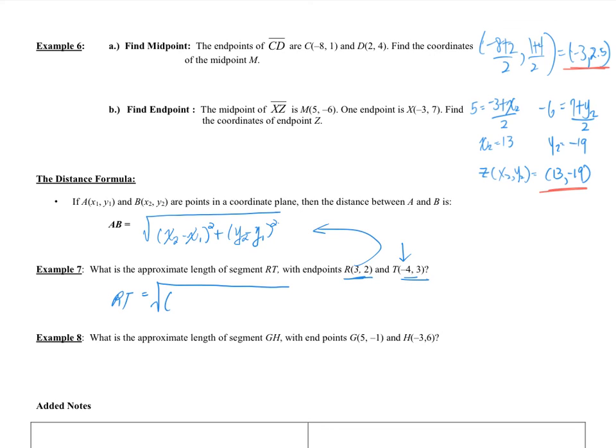So I'm going to take negative 4 and subtract positive 3 and square it. I'm going to add it to the y coordinates. 3 minus 2 and then square it. And then we can go ahead and solve this, and further simplify this to 5 square root of 2.